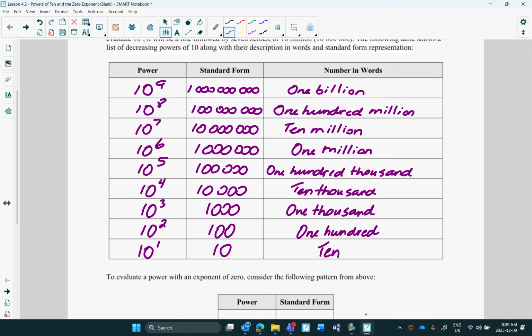And 10 to the 10 would be 10 billion. Then the next one would be 100 billion, then a trillion, then 10 trillion, and then 100 trillion.